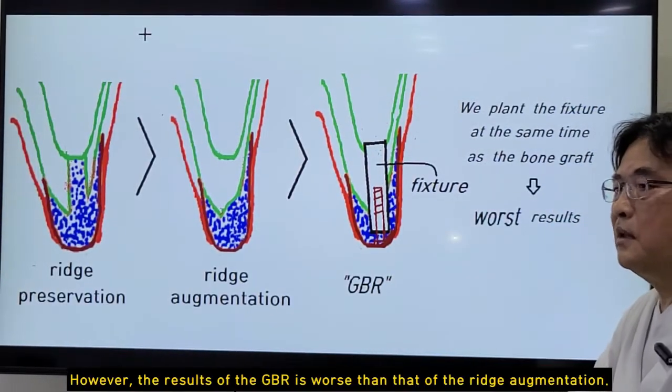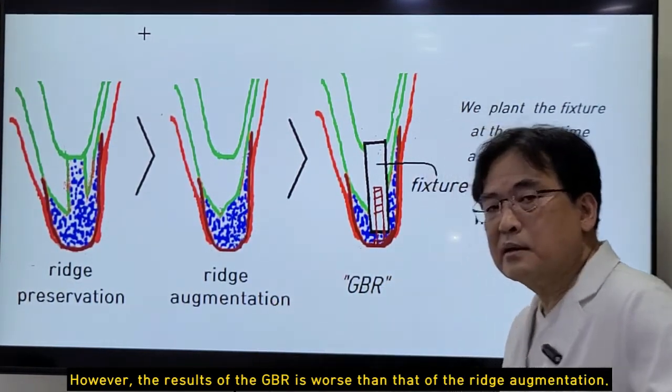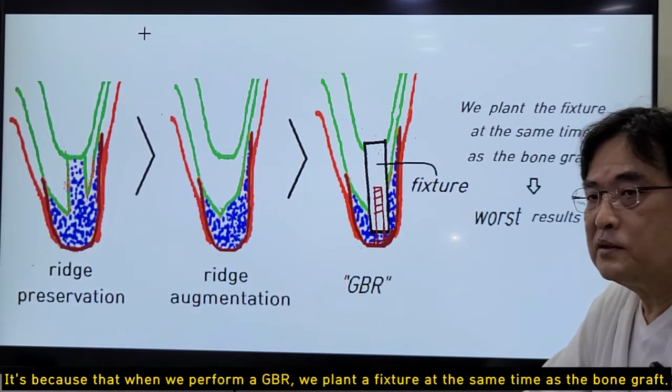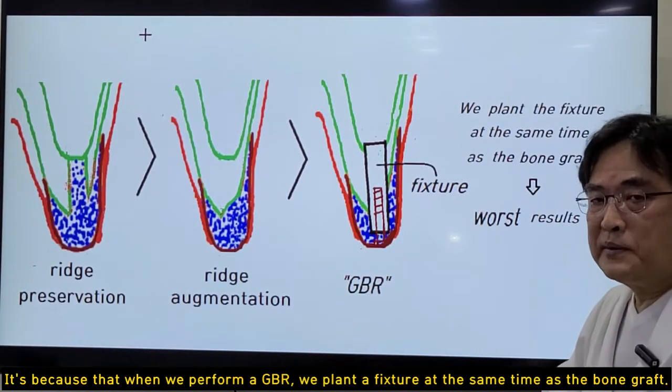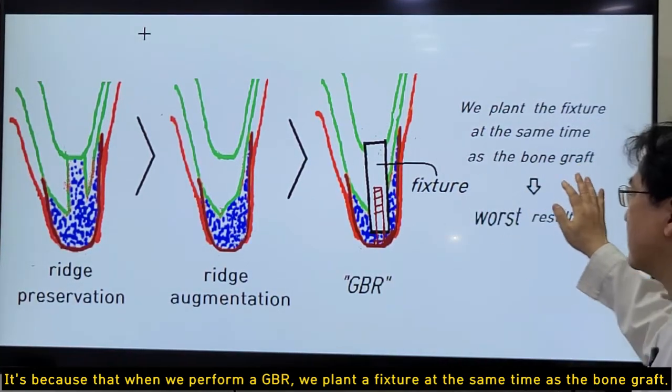However, the result of GBR is worse than that of ridge augmentation. It's because when we perform GBR, we plant the fixture at the same time as the bone graft.